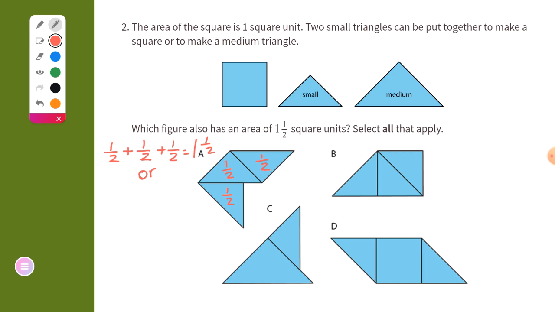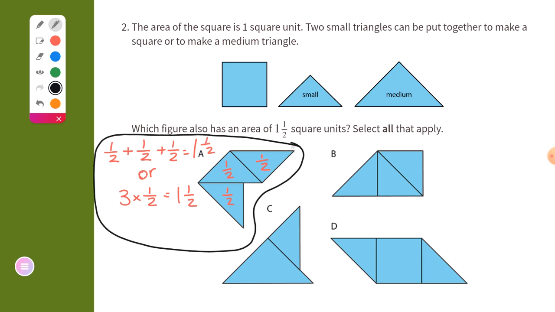Why can I use 3 times 1/2? Yeah, because it's repeated addition. So that's why I wanted Sophie to elaborate, because you could use a multiplication problem here, but it would be 3 times 1/2 because I'm adding 1/2 3 times. That would also give us 1.5. So is this one of my answers? Yes, because the total area, I'm just going to circle all of mine, was 1 and 1/2.